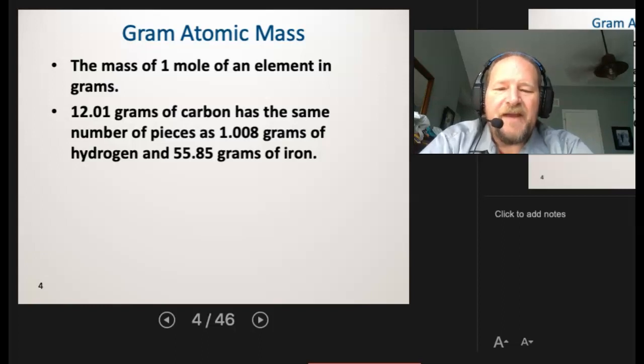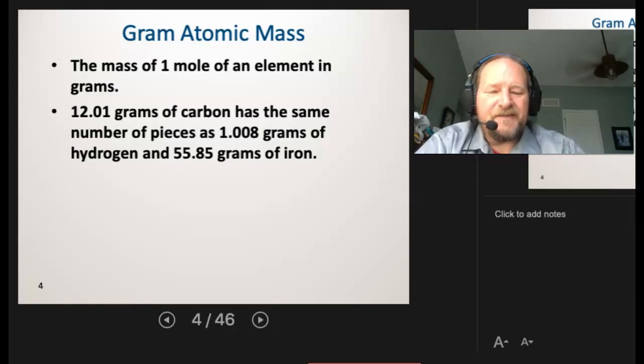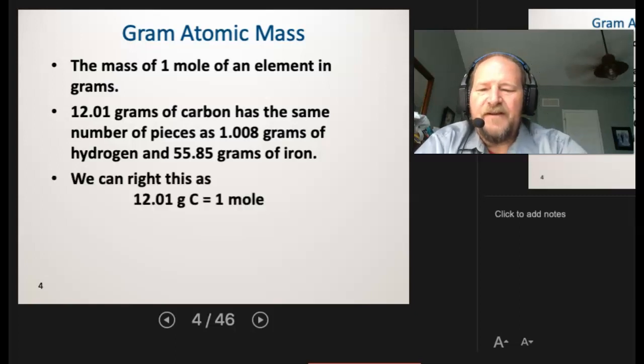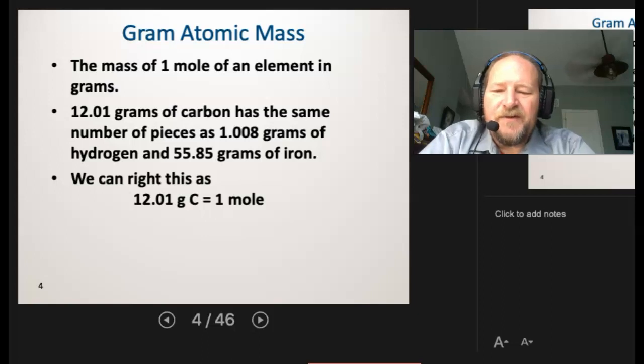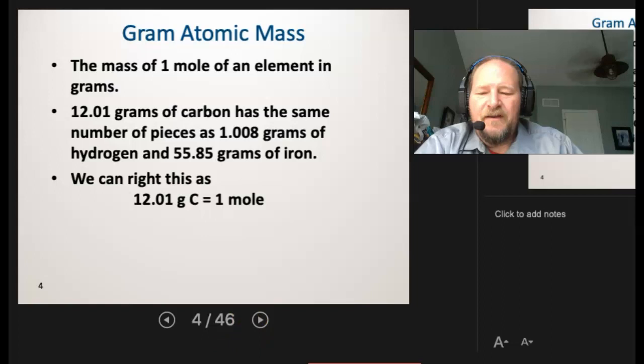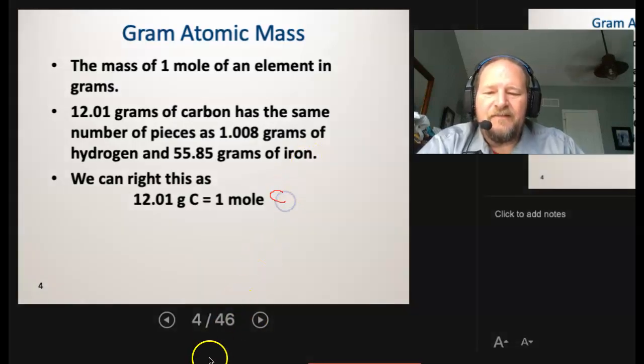And we can do the same game for iron using the periodic table. Again, it would be 55.85 grams. This is going to allow us to make statements of equality, right? That means we can say that there are 12.01 grams of carbon equal to 1 mole of carbon.